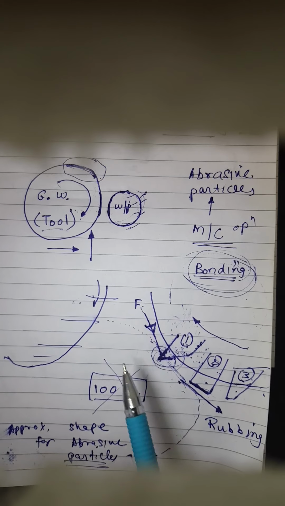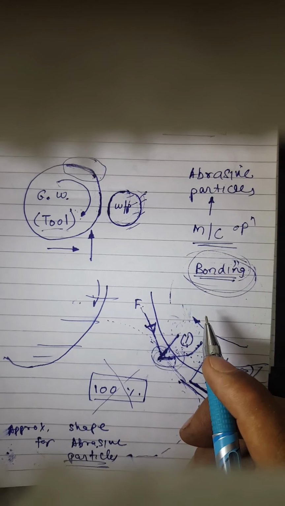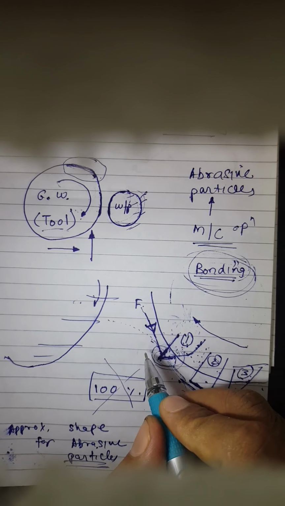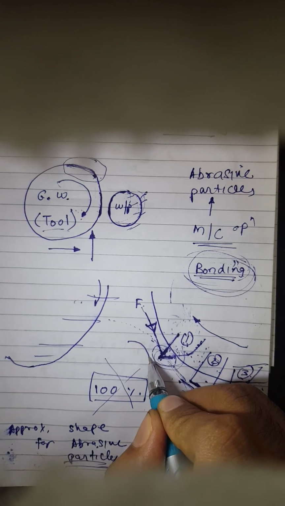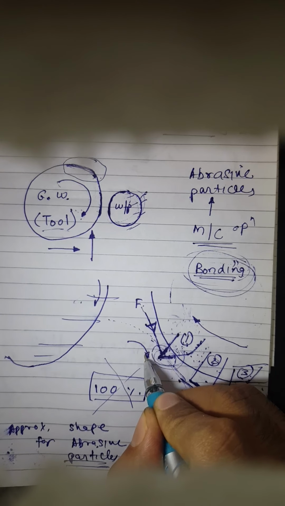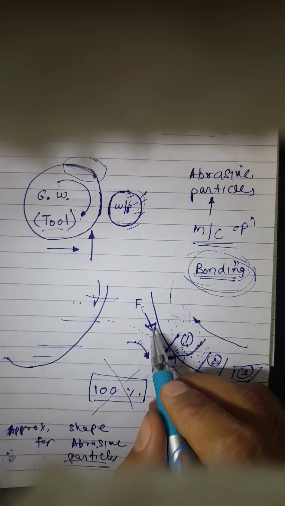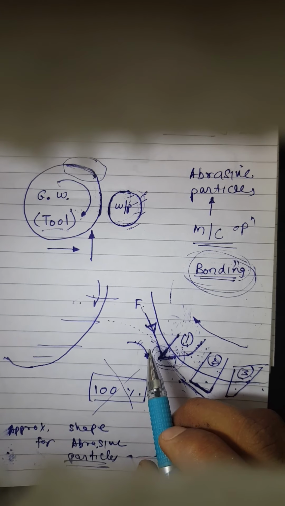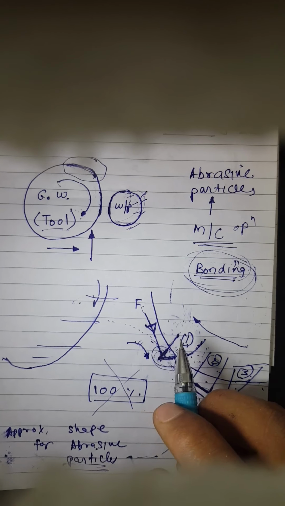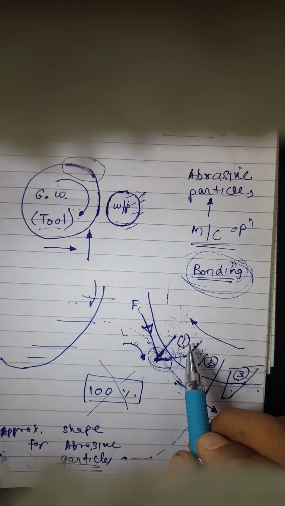Let us say the workpiece is fixed at this point of time, or it would be rotating in this direction. What I'm focusing on is the force, so I'm not considering the rotation of the workpiece as of now. So this is the dotted line of the workpiece.